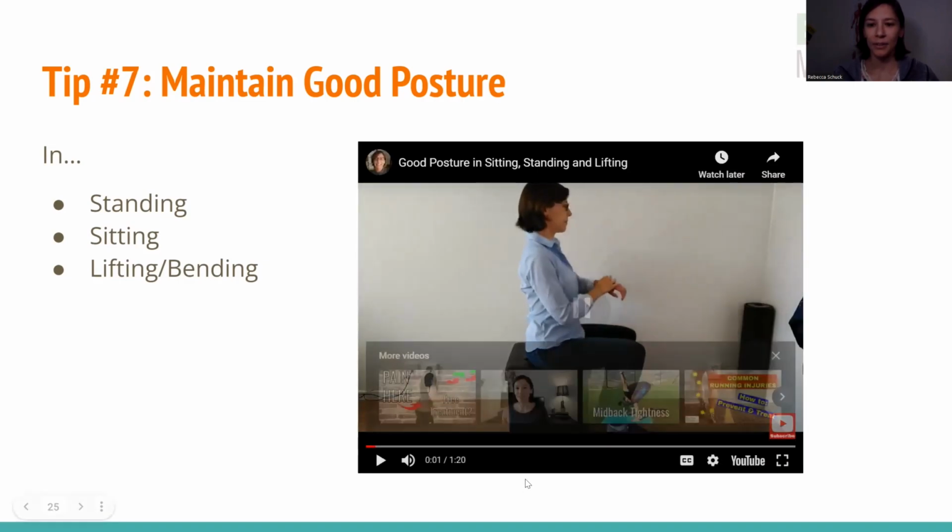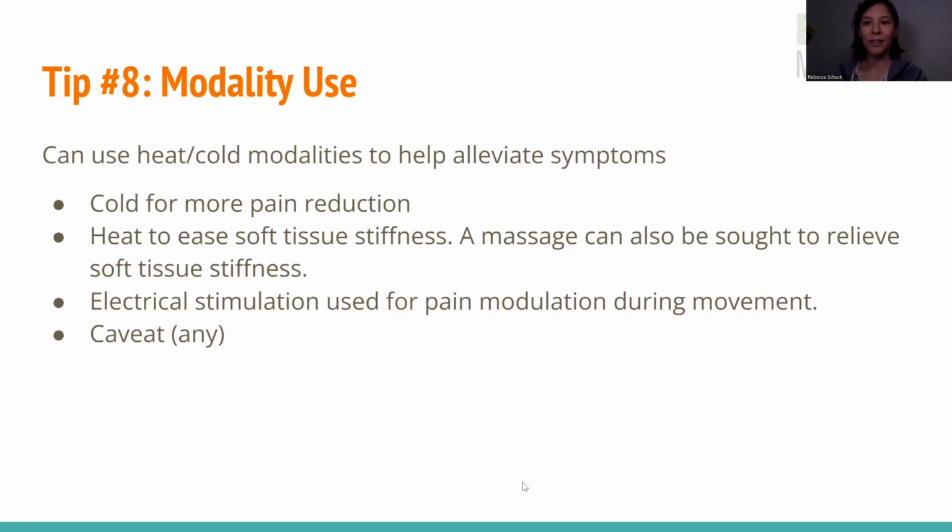Okay, and number 8 is using different types of modalities to help, again, reduce your pain symptoms. Cold is more used for pain reduction, but remember, if the cold modality is something like an ice pack, it can only go so deep to offset that pain.